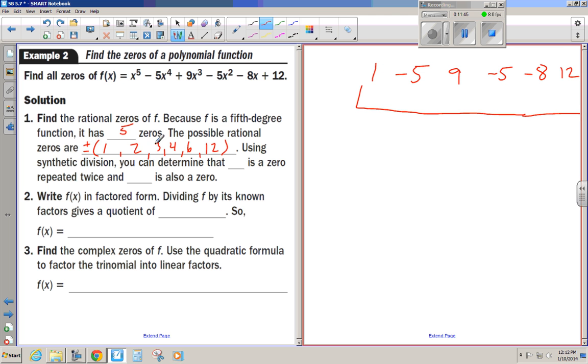We need to check some of these. You can check all of them to see which ones work, or you can graph it and get an idea of what the graph looks like.